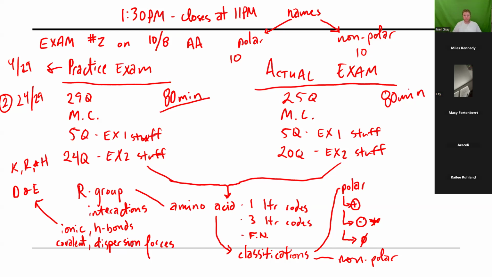Why'd you miss them? Try to diagnose that. And then after that, I would look at that old video that I made where I walked through exam number 1 and went question by question of that. Make sure that you're good on the exam 1 material, just like you're good on exam 2 material, because exam number 2 has old stuff on it for 5 of the questions, and then about 20 questions that are new stuff.